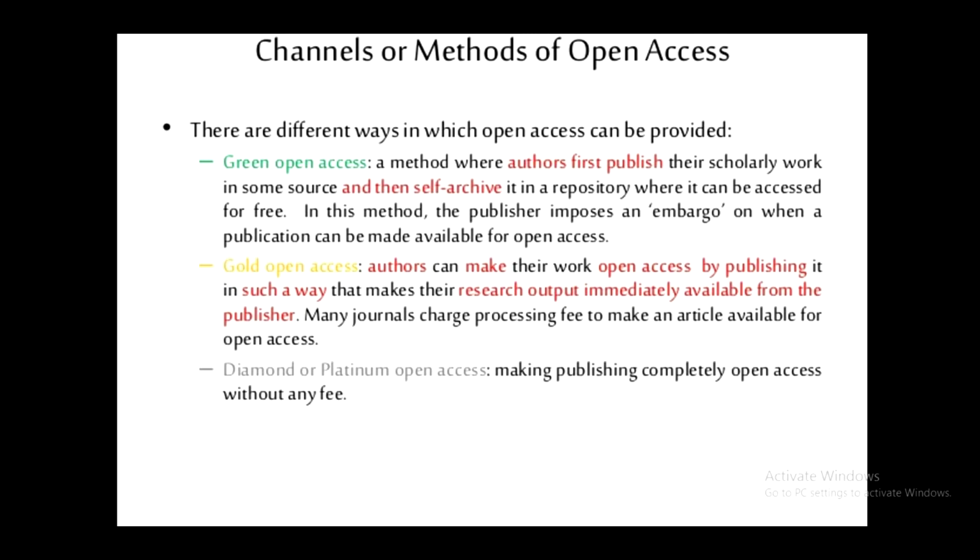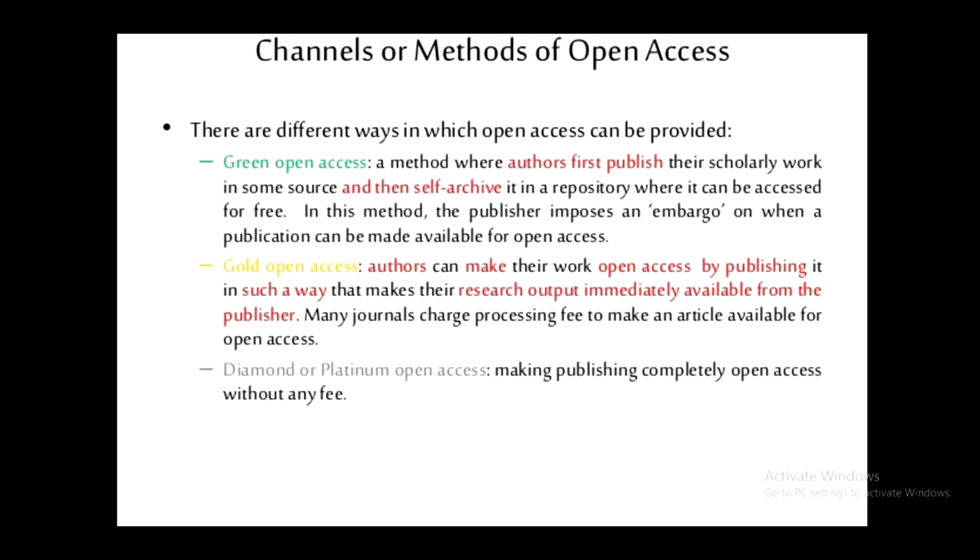Second one is gold open access. In gold open access, authors can make their work open access by publishing it in such a way that makes their research output immediately available from the publisher. Many journals charge a processing fee to make an article available for open access.